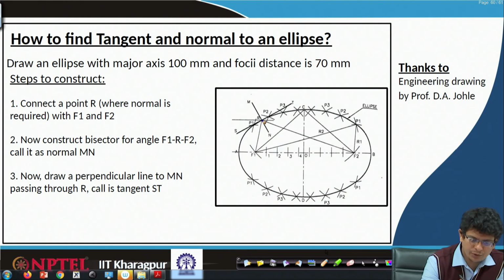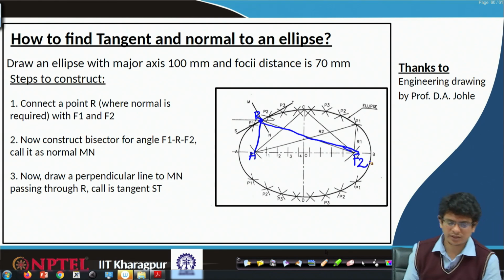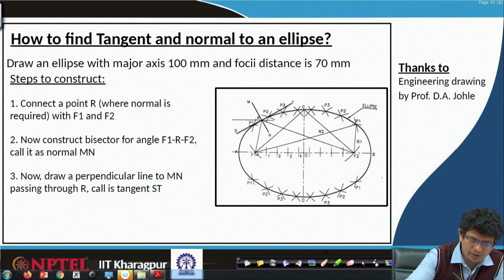after deciding where you would like to draw the normal or tangent, connect that point R with focus F1. Similarly, join this R with focus F2. Now, we have an angle F1 R F2.